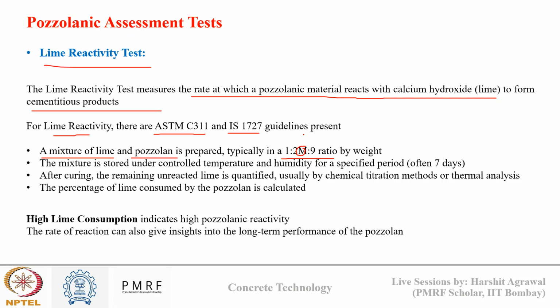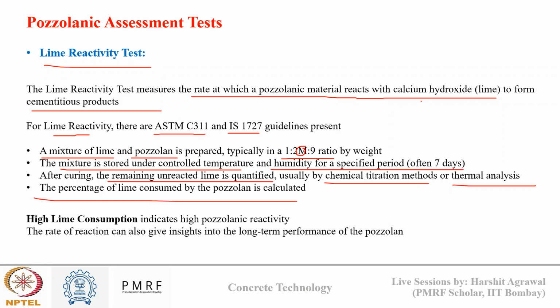This m is the ratio of the specific gravity of my pozzolanic material with respect to lime. The mixture is stored in controlled temperature and humidity, often for 7 days. After curing, the unreacted lime is quantified using chemical titration or thermal analysis, and the percentage of lime that is consumed by the pozzolana is calculated.